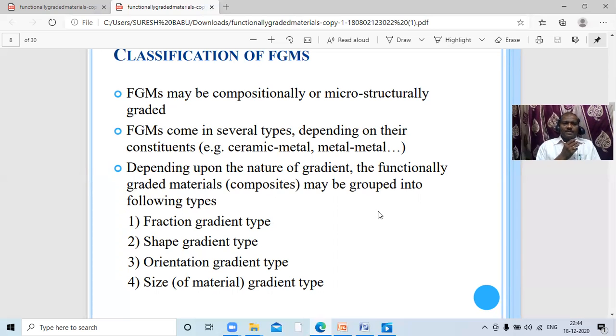That means based upon the fraction, the shape, the orientation, and the size, we can have a classification of FGMs.